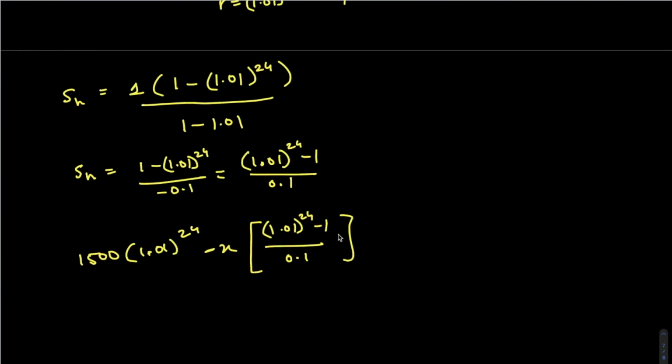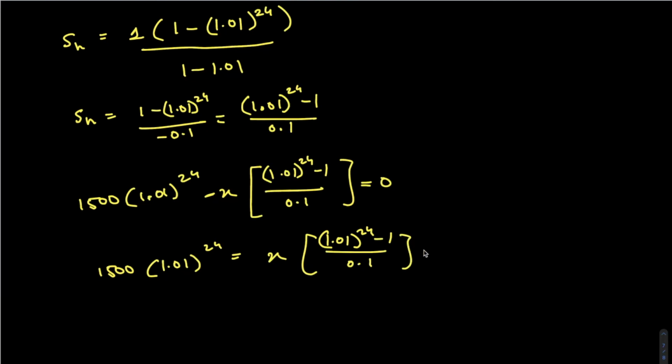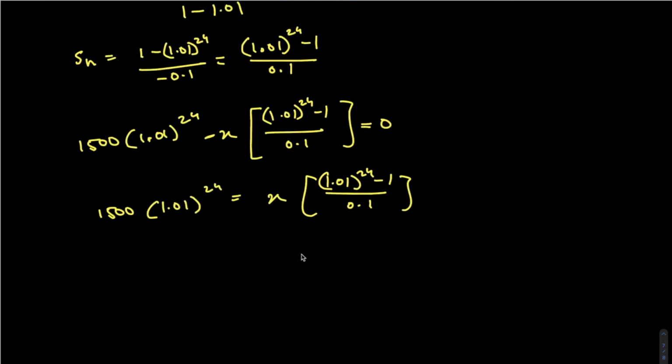Again, 1500 times 1.01 raised to the power 24 is equal to x times (1.01 raised to the power 24 minus 1) over 0.1. Then if I simplify it a bit more, which I really don't need to, but I'll do it for the sake of simplifying, x equals 15 times 1.01 to the power 24, all upon.